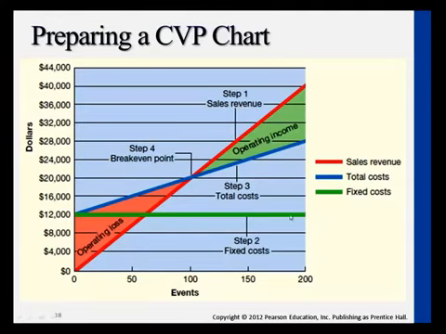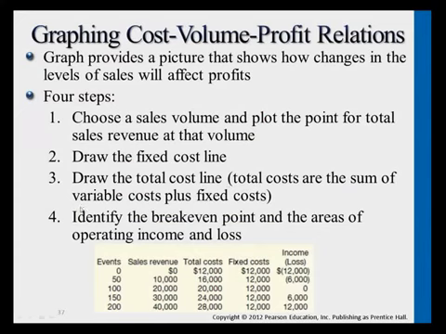And that's my 12,000 that we just put on the graph that was fixed cost. So I used 1 point here and I used 1 point at the fixed cost, and that's my blue line as a total cost. Okay, the last one will identify the break-even point and the areas of operating income and loss.